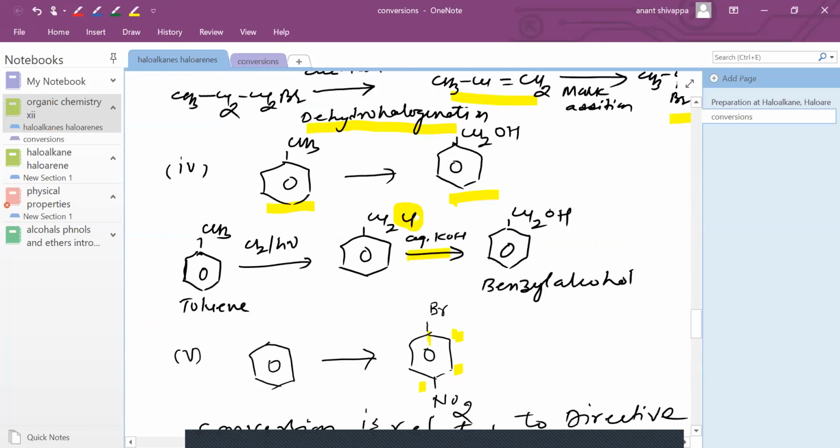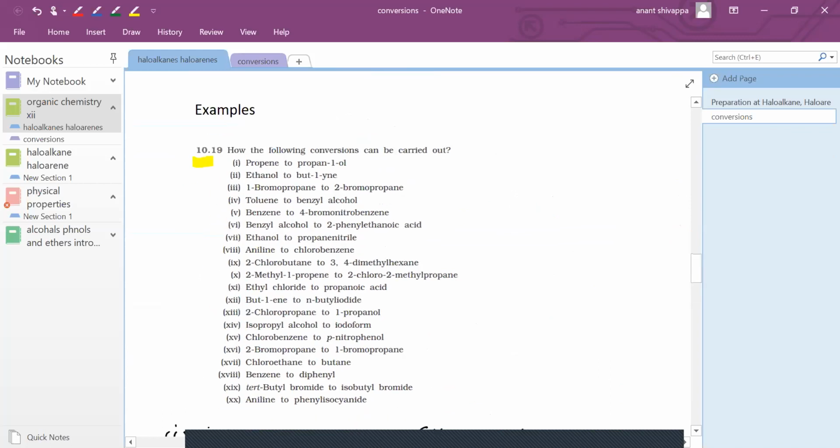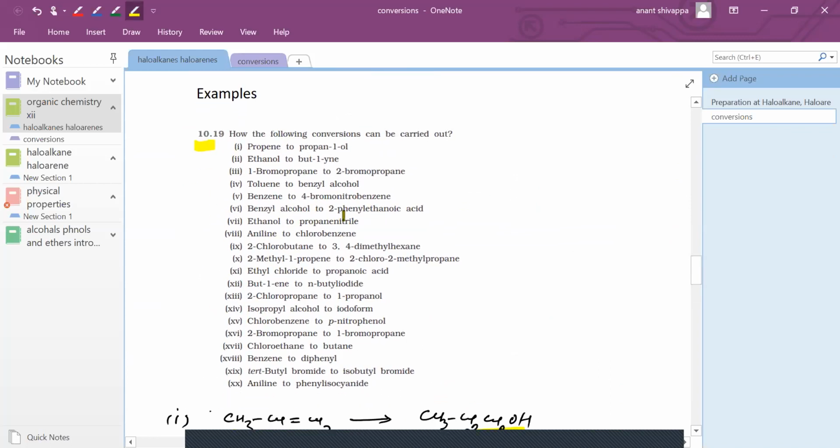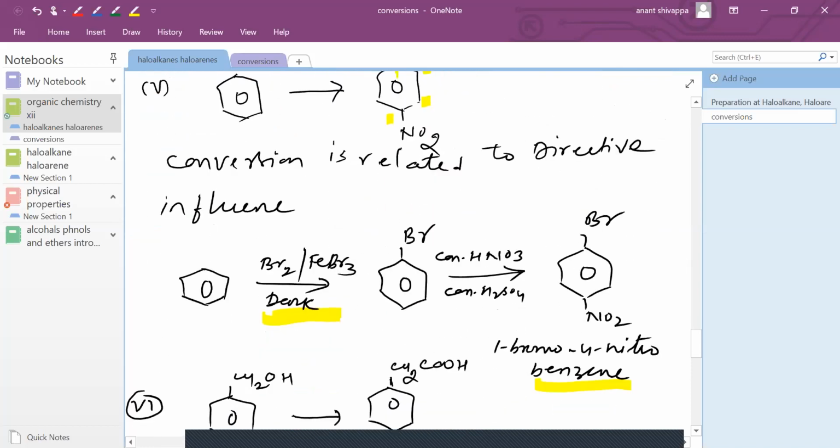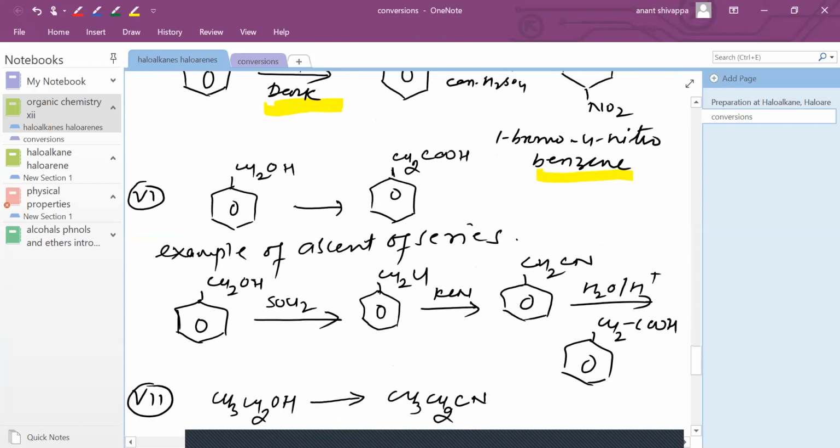Then the next conversion is benzyl alcohol to 2-phenylethanoic acid. So as I said, first you have to write both the reactant and product. So this is benzyl alcohol to 2-phenylethanoic acid. Okay. So once again it is an example of ascent of series, but ascent of series is needed in the side chain, not in the ring. So once again the same thing.